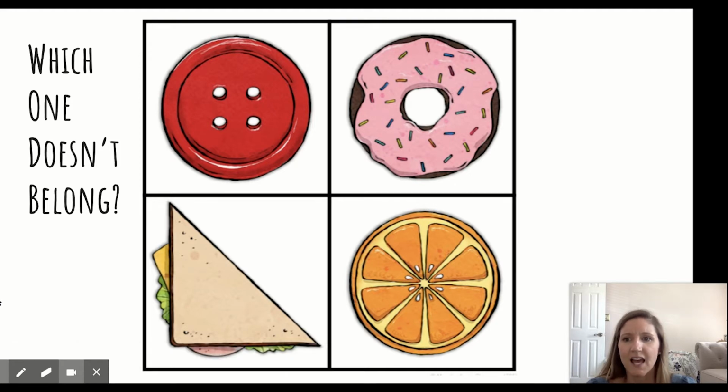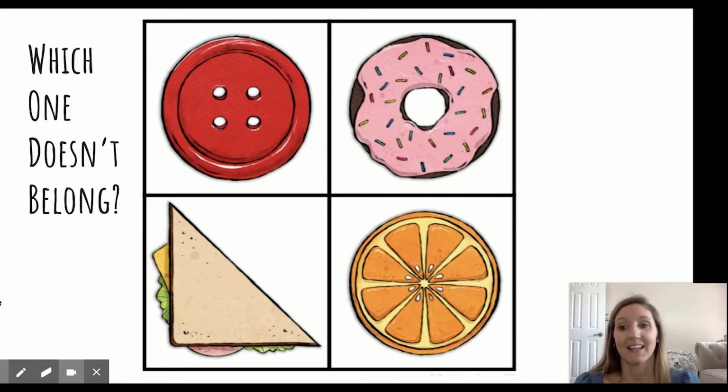Lastly, decide on which one object doesn't belong with the other objects and why it doesn't fit. In this game, there is no right or wrong answer to the question, which one doesn't belong, as long as you can explain your thinking.